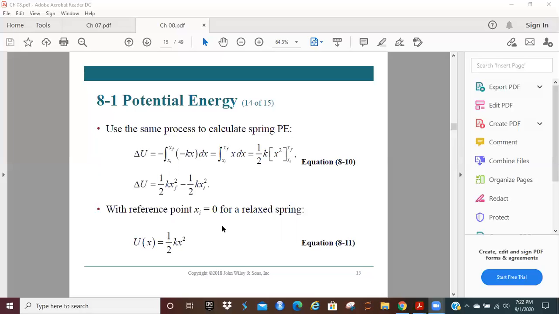We substitute that in, do the integral, and we find out that the change is going to be equal to 1/2 kx squared evaluated at the limits. If we just decide that our reference point for the initial position is going to be 0 for a relaxed spring, then our potential energy is going to be 1/2 kx squared.